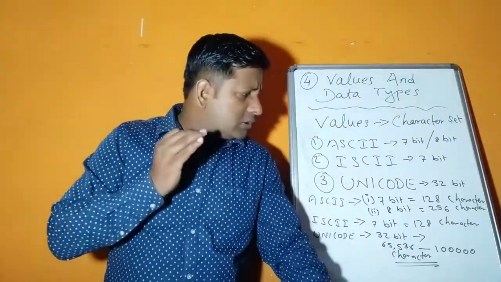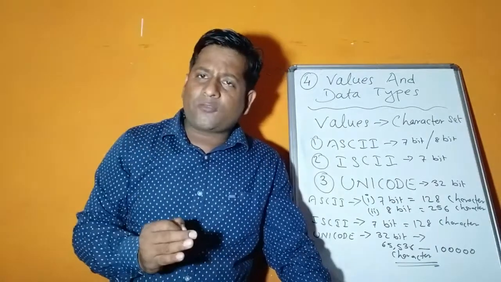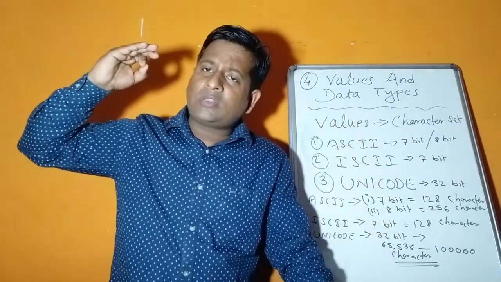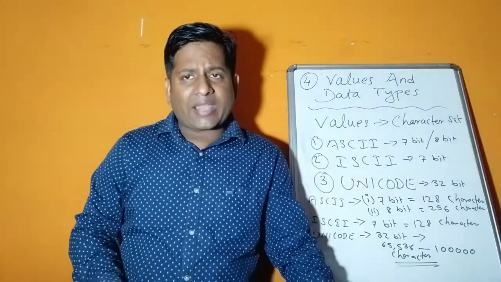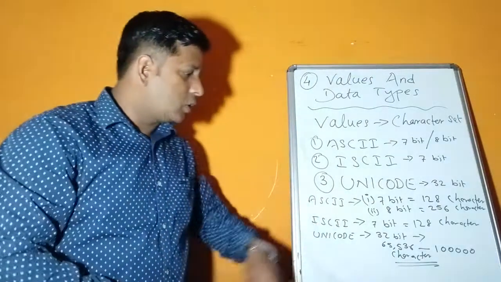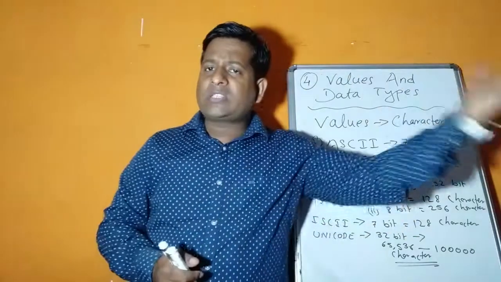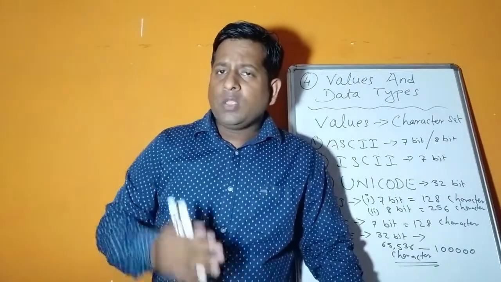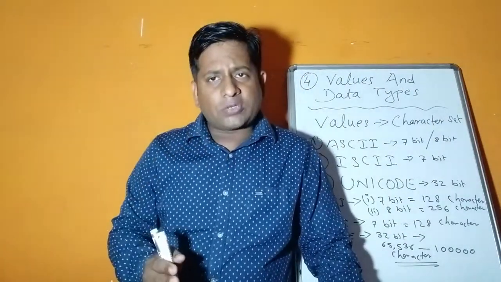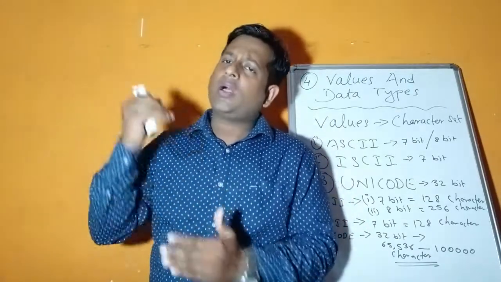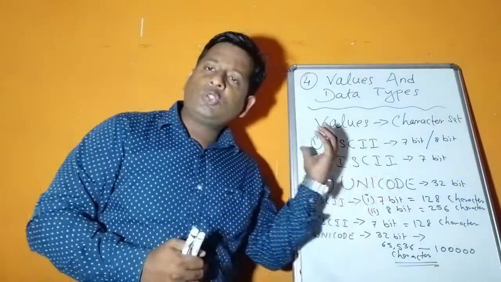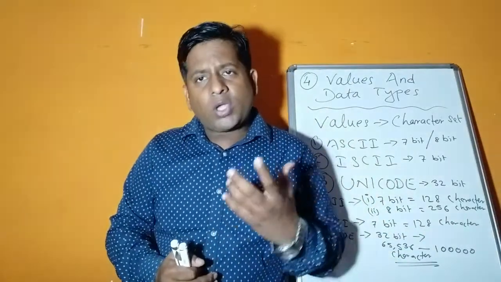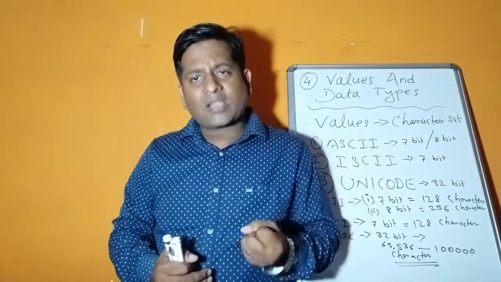That means in today's time the most advanced feature, with all the countries' languages and characters supported, is Unicode. Let us take the example of our Bhutan. Bhutan has the Dzongkha language, and to type Dzongkha on a computer you need to install Dzongkha Unicode. Dzongkha Unicode is the character set.